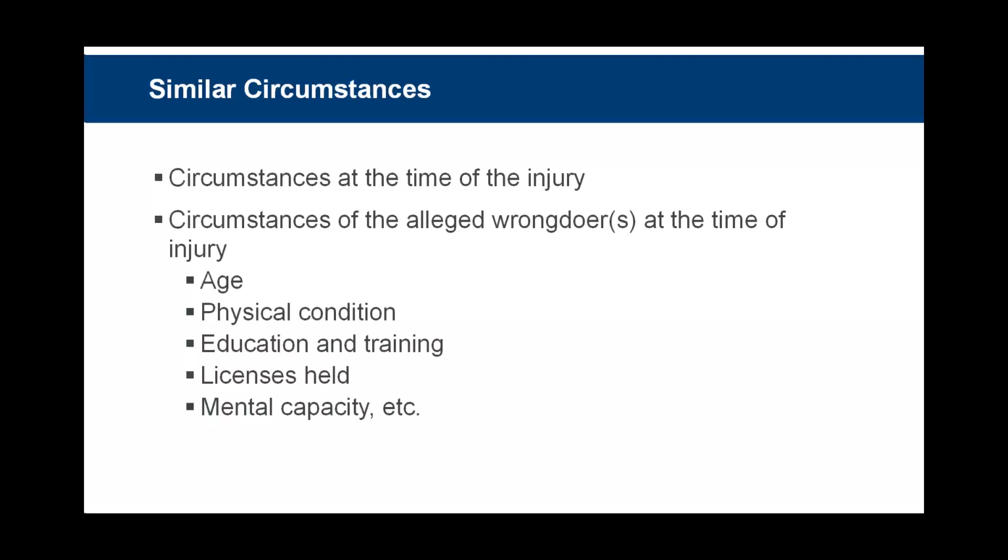For example, a seasoned surgeon with extensive training is held to a higher standard than a less experienced practitioner. Additionally, the wrongdoer's mental state or physical condition at the time can influence what is deemed reasonable.